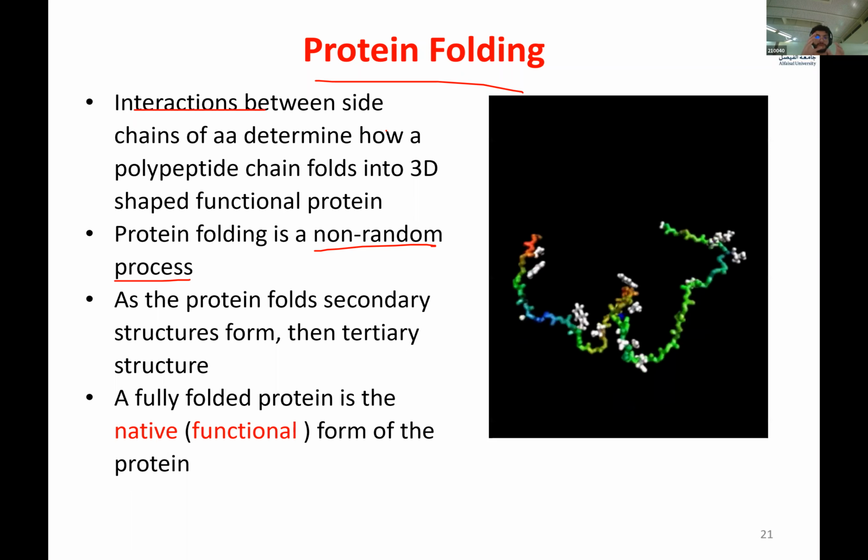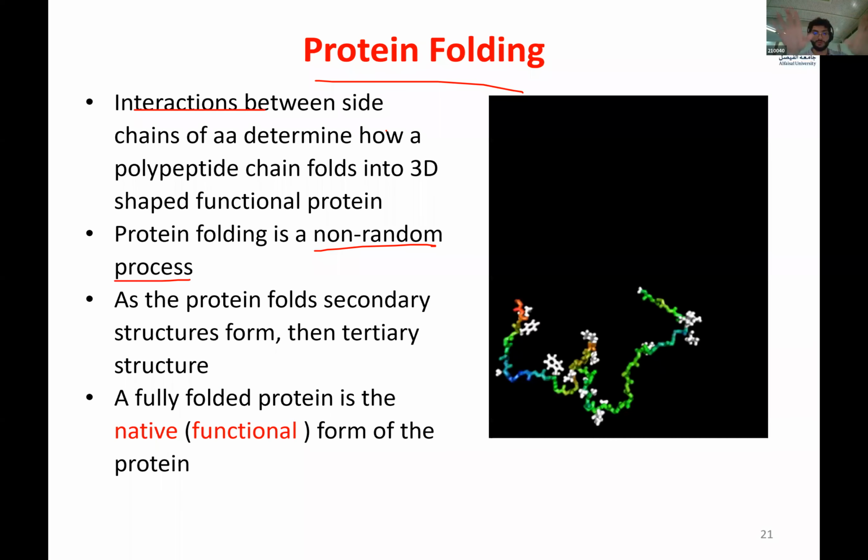Sometimes, don't get me wrong, a protein could come out fully formed, and in that case it would be called a functional protein right away. A fully formed protein is just called a functional protein. It's just another name for it. It could come out like this, sure.